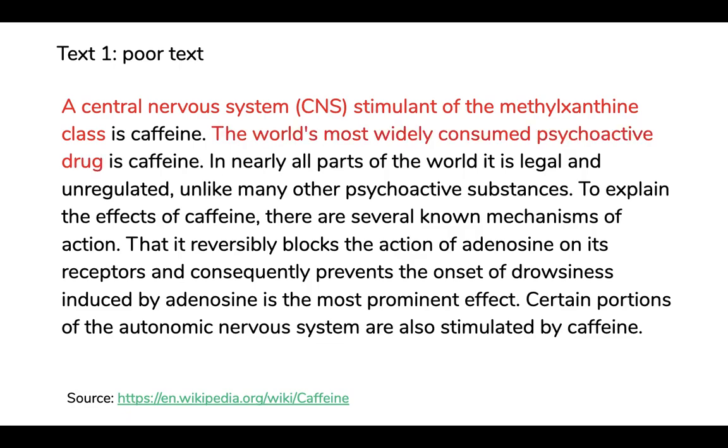In the next sentence, the information then orients us in a different direction, towards the world's most widely consumed psychoactive drug. And in the third sentence, we're then taken to nearly all parts of the world. In other words, the supposed given information is not orienting us to the overall theme of this text, which is caffeine. So it's very difficult for us to gain a coherent understanding of how the text works.